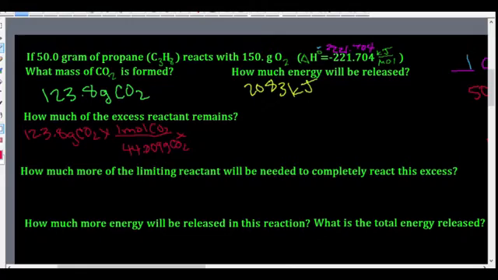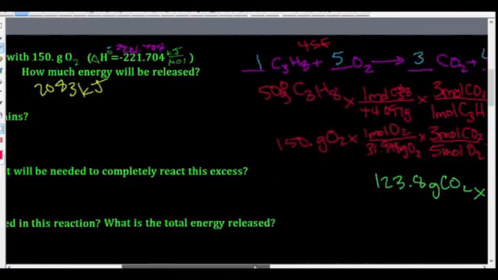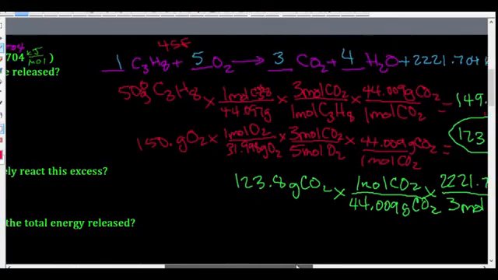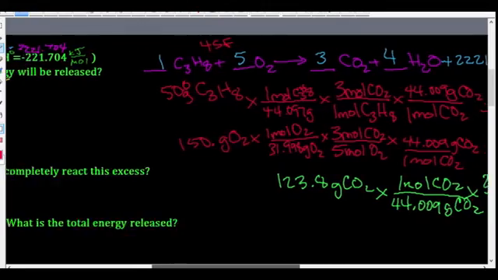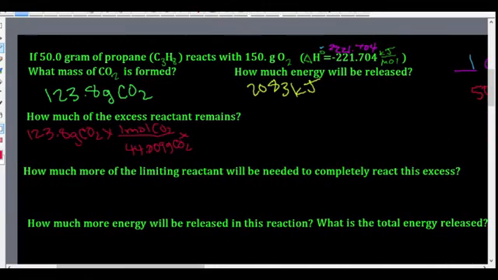And I'm going to revert it all the way back to propane, because since that was in excess, I need to know how much I used. So based on our equation, for every 3 moles of CO2, we needed 1 mole of propane, C3H8.